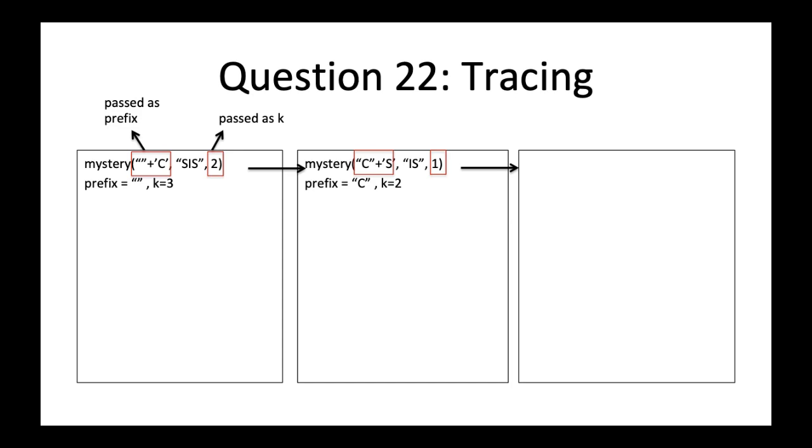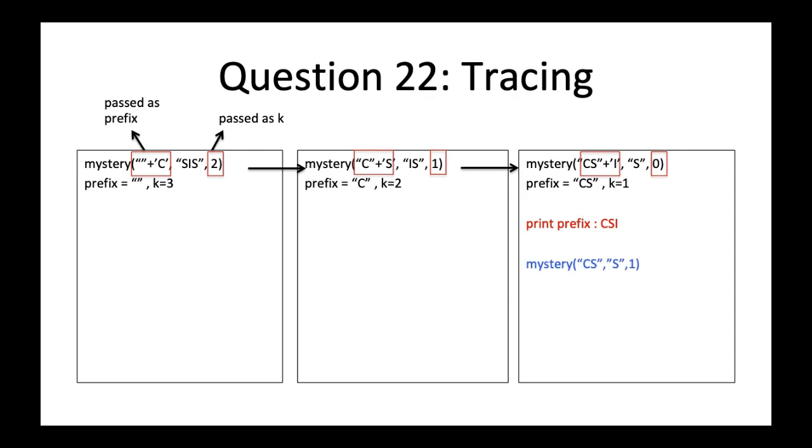Again, the method is called, where I is added to the prefix and k becomes 0. Remember that the original prefix and k in this recursion are CS and 1. CSI and 0 are passed as the prefix and k. And since k is 0, the prefix will be printed, and the prefix in this case is CSI.